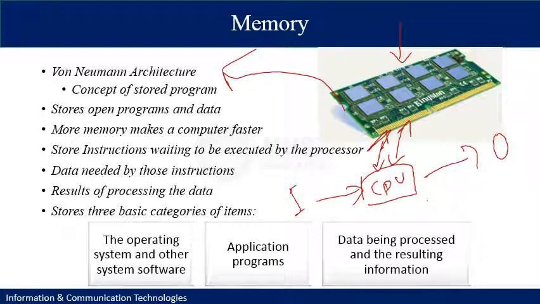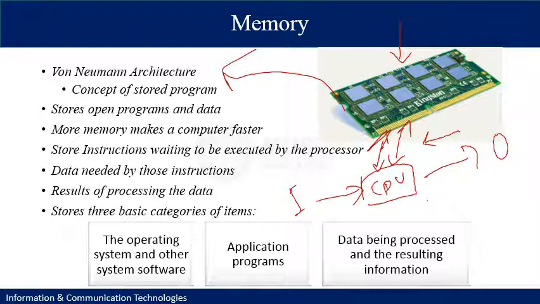Data is also needed by those instructions, which is also part of the memory, and the final results are also stored into the memory. As you look closely at these arrows, it shows that it is a two-way transmission.